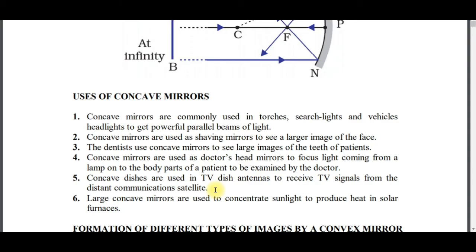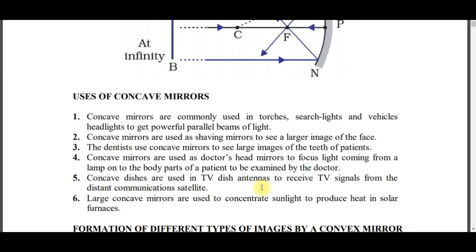Next, we can see large concave mirrors are used to concentrate sunlight to produce heat in solar furnaces. So solar furnace क्या होता है? What happens is, if you take this dish TV, okay, TV dish antenna, and if you somehow make the reflecting surface very smooth, okay, like a mirror, and if you focus it at a point, you will see a very bright spot.